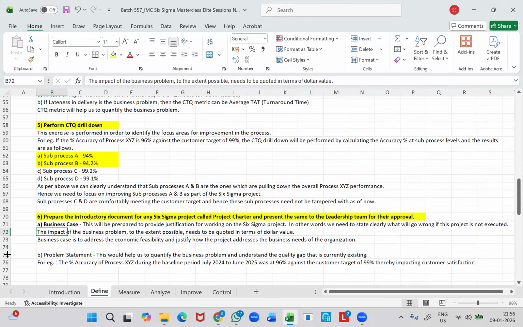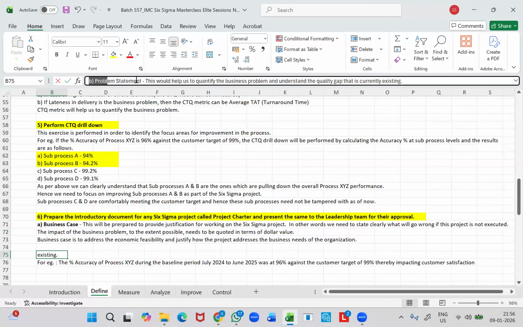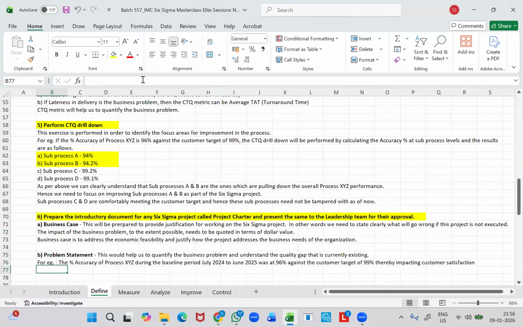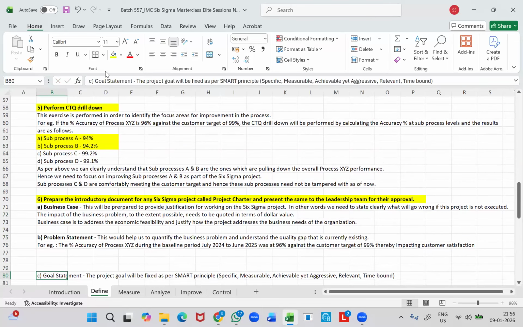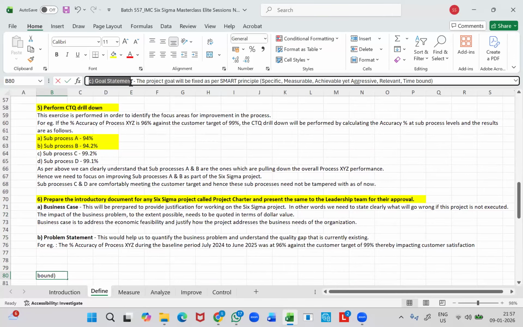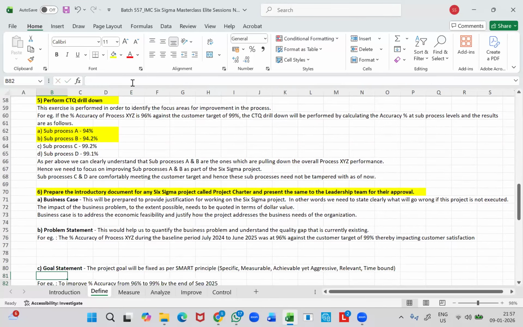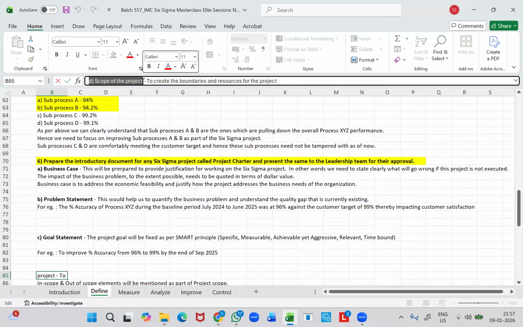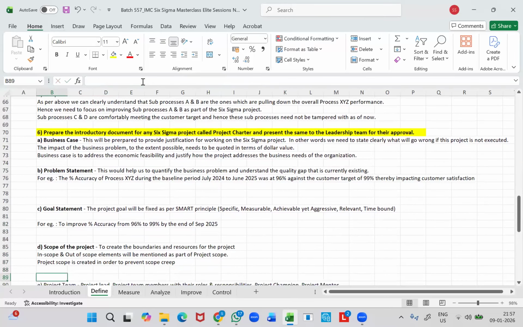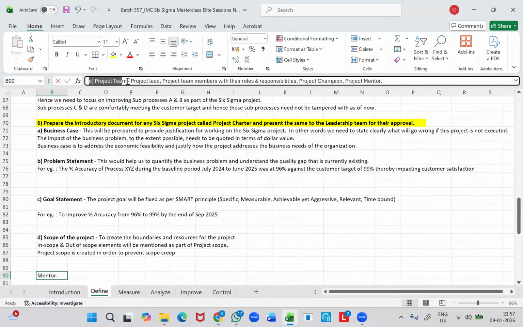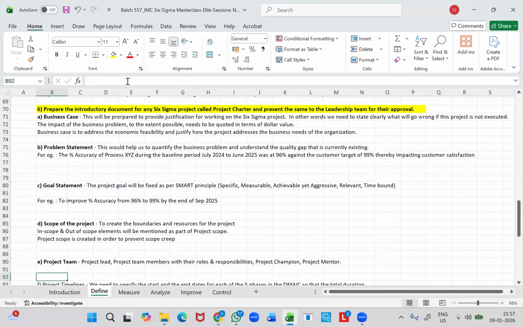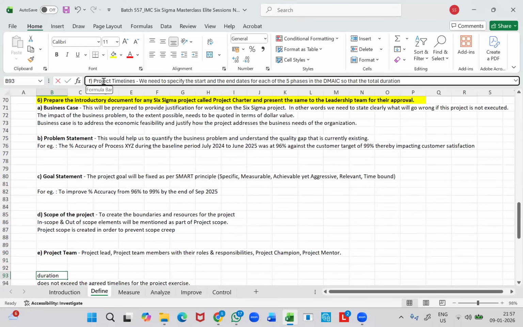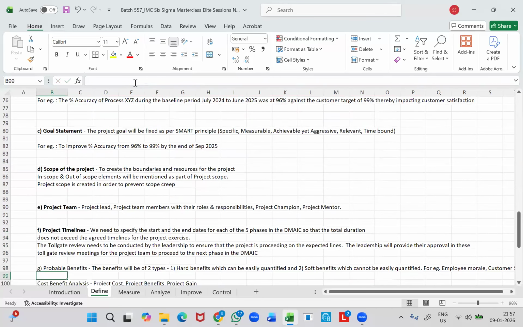So the first one is the business case, and the second one is the problem statement, and then we have the goal statement, and then the scope of the project, and then the project team, the project timelines, and finally we have the probable benefits.